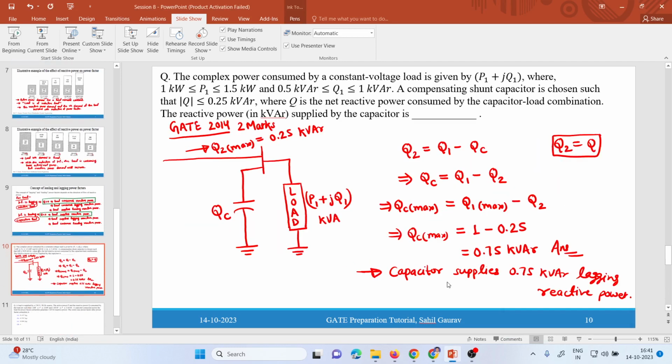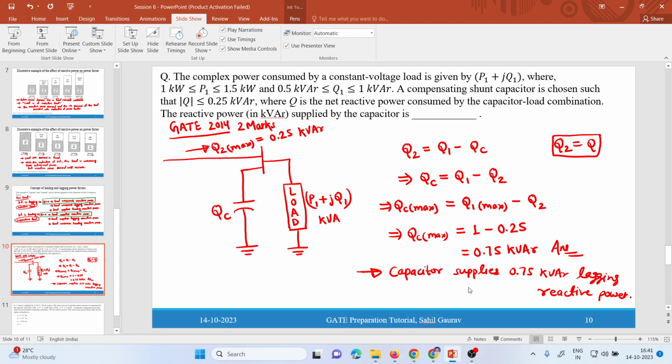Now let us solve the next problem. Sir, for this question, how much leading reactive power does the capacitor consume? If you write in terms of supply and consume, then the leading and lagging term will also change. Capacitor supplies lagging reactive power.